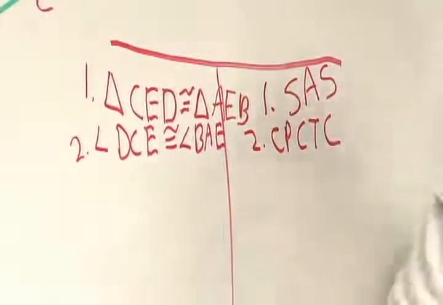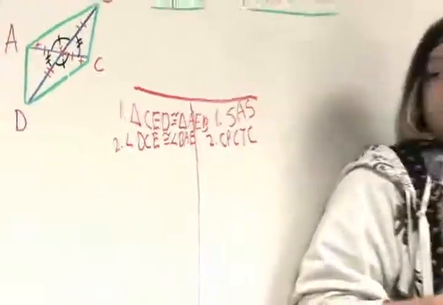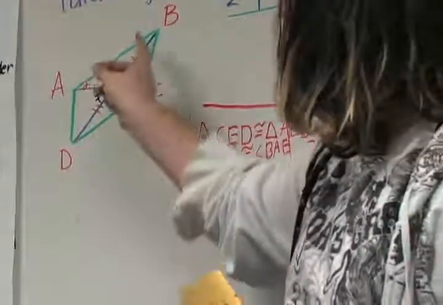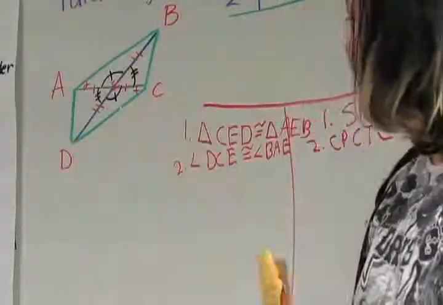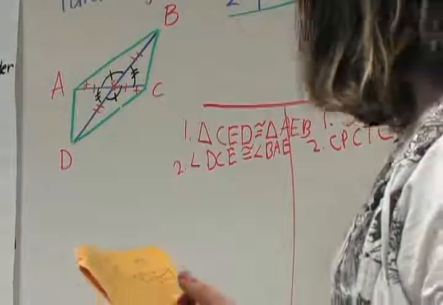Would you read those out loud so we can all hear you? Angle DCE is congruent to angle BAE, which I also marked on the parallelogram.